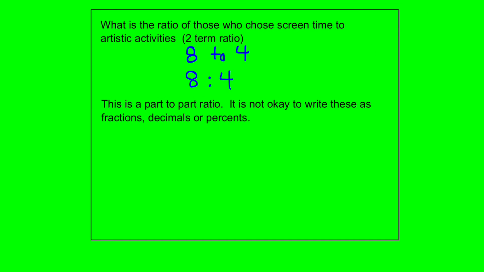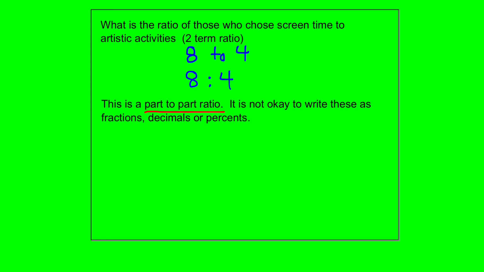Now this is called a part-to-part ratio because it's comparing 2 parts. It's not comparing a part and a total. And so since it's a part-to-part ratio, it is not okay to write these as a fraction, a decimal, or a percent. Remember, fractions compare a part of a whole or a part of a group. So since this is not a part to a whole, we can't write this as a fraction.